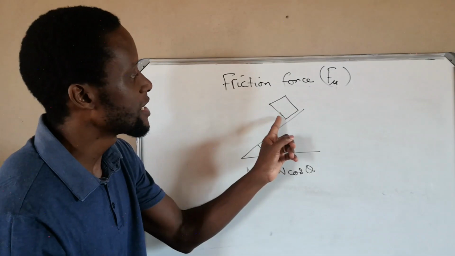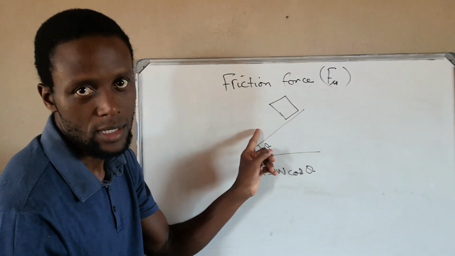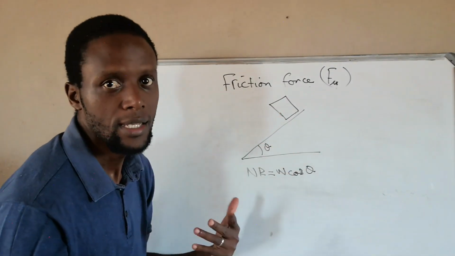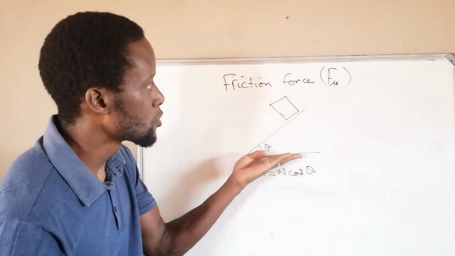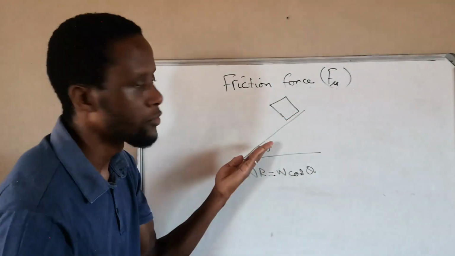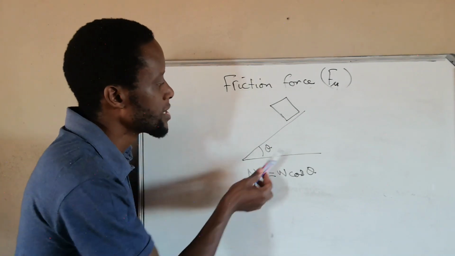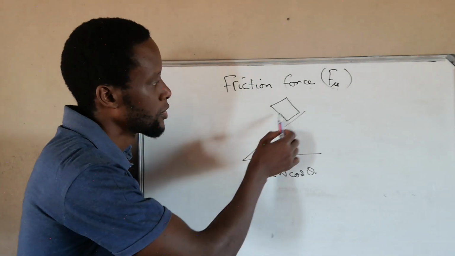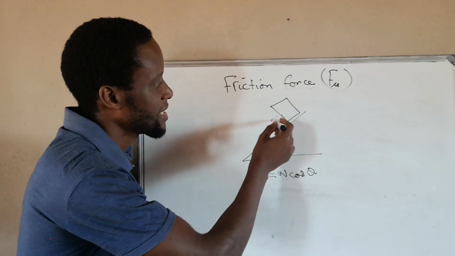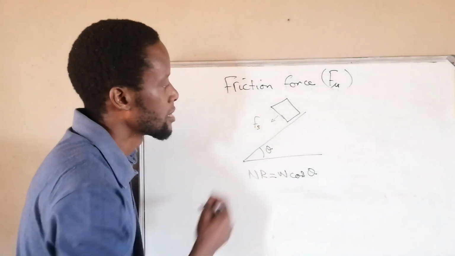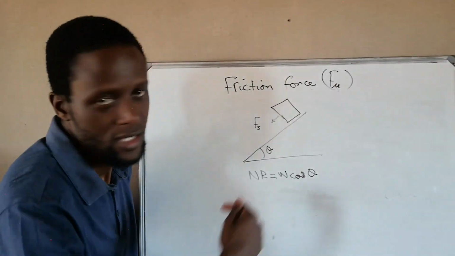This object is being attracted to slide downwards. So there's another force that comes into action as long as we elevate the angle of the surface. So that sliding force always increases. The more you increase, the more the sliding force, the more it is attracted to slide downwards. You call that force S, sliding downwards.